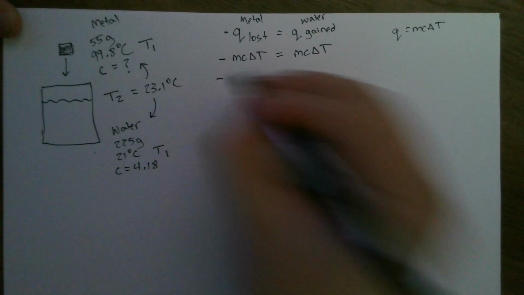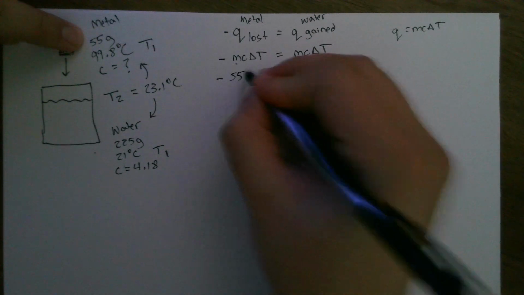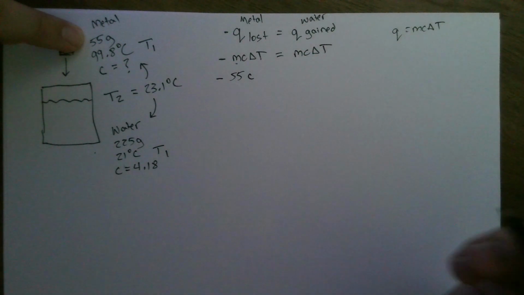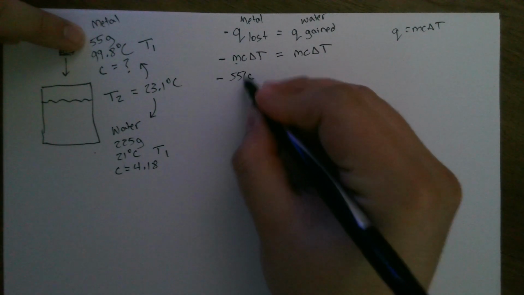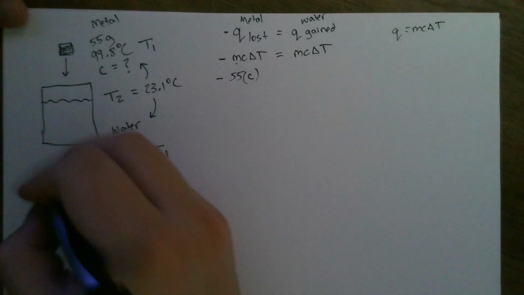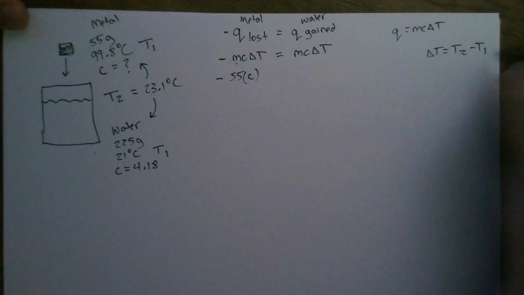So I have a negative sign, don't forget that. Mass of the metal is 55. C of the metal is unknown, so I'm going to leave my C. Change in temperature. Remember, change in temperature equals T2 minus T1.